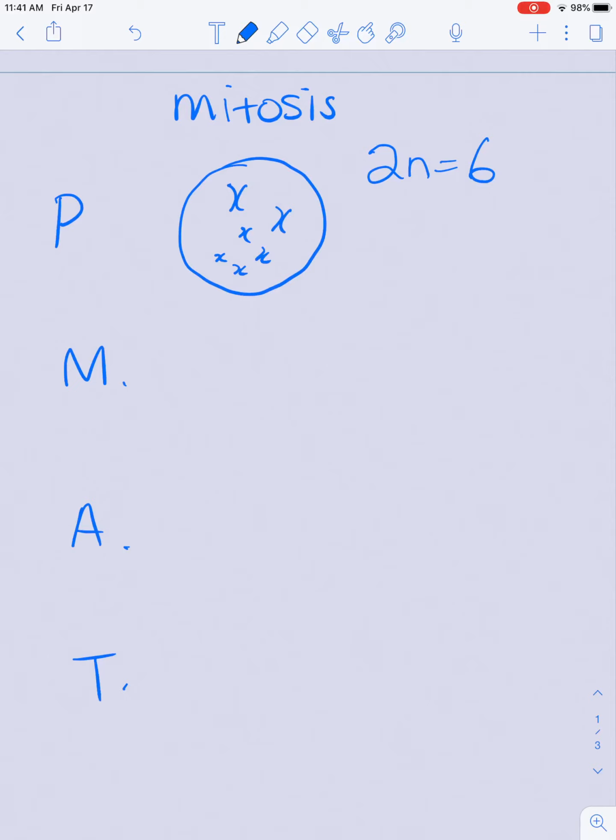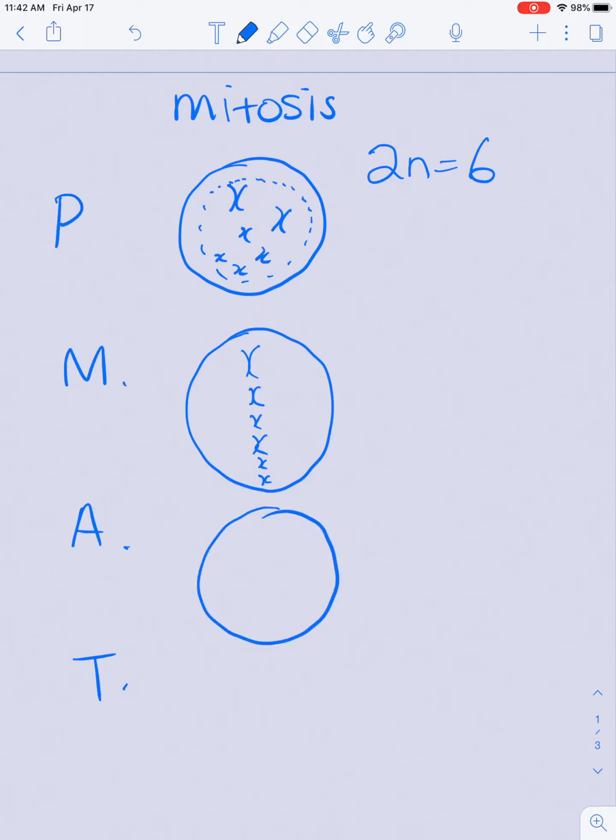We have 2 of each, 2 number 1s, 2 number 2s, 2 number 3s. And in prophase, we see that the cell membrane is disappearing and those chromosomes are actually dark and visible. In metaphase, all of those 6 chromosomes will line up down the center, the metaphase plate, and you can remember they meet in the middle in metaphase.